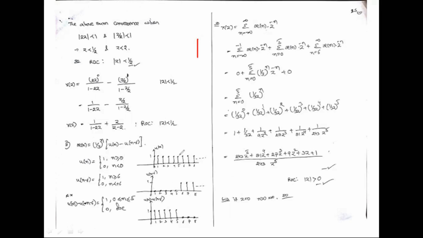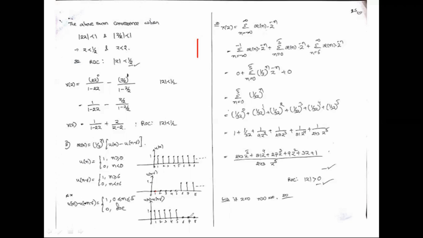Now subtract the two functions here. At 0, 1 minus 0, it is a 1. At 1, 1 minus 0 is also 1. Up to 5, all the values of u of n minus u of n minus 6 are 1.